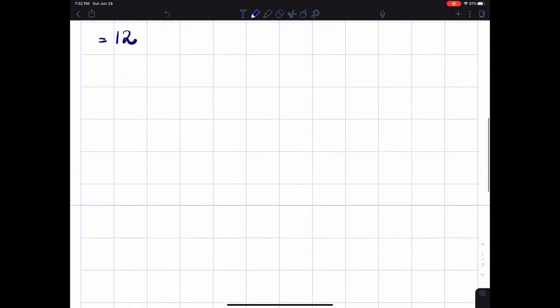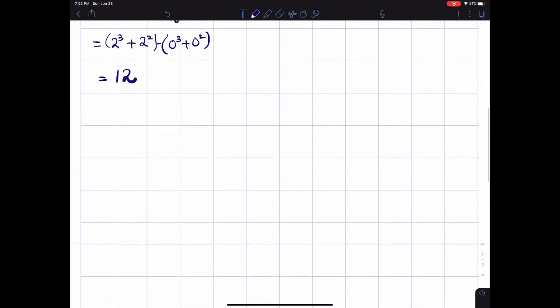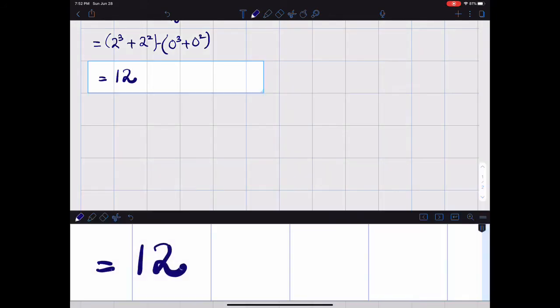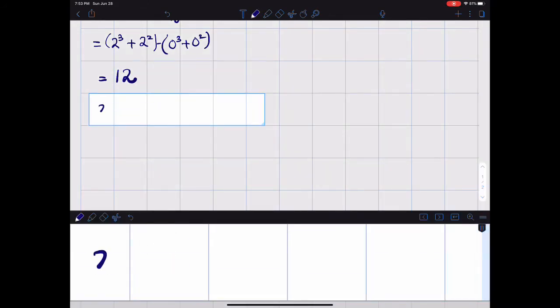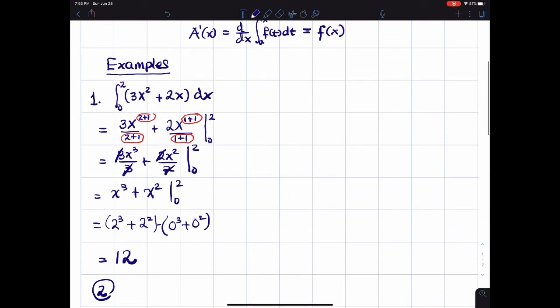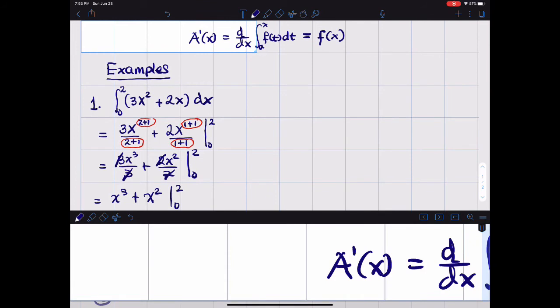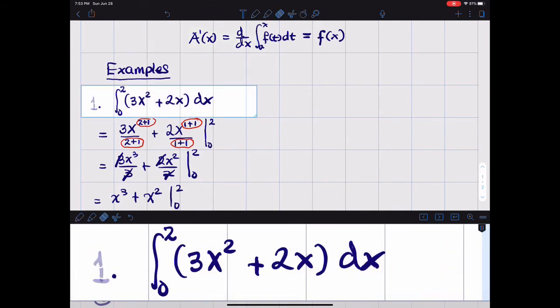Now, let's try another example. Example 2. Call that example 1, I'm going to circle it, just to make everything uniform.